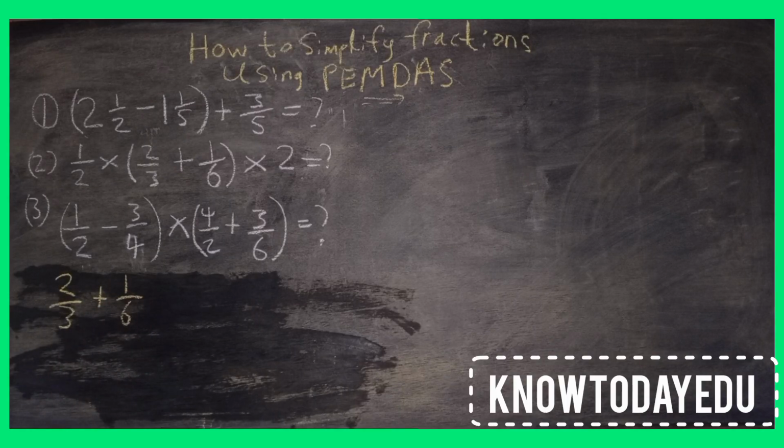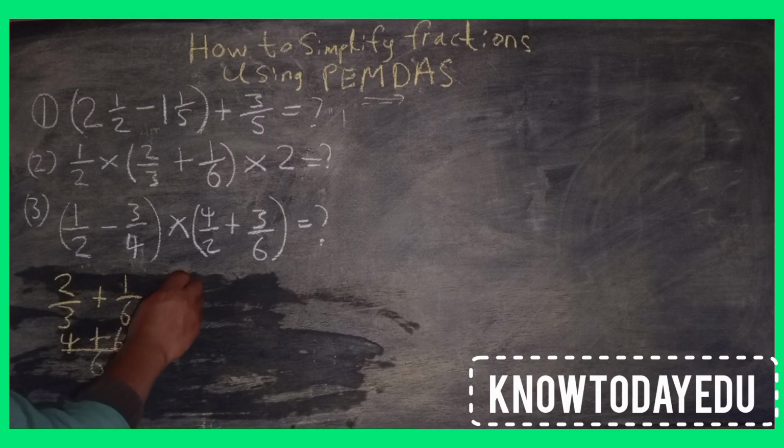Okay, we look for the LCM here, which is 6. 6 divided by 3, it is 2. 2 times 2 gives us 4 here. 6 divided by 6 is 1. 1 times 1 here will give us plus 1. Okay, this will be equals 4 plus 1 is 5 on 6.